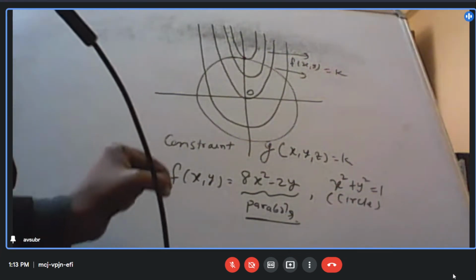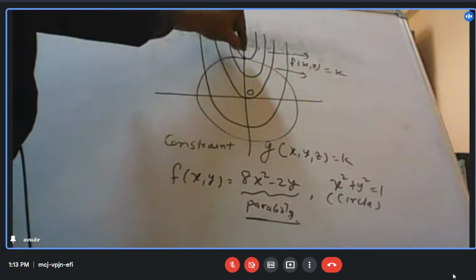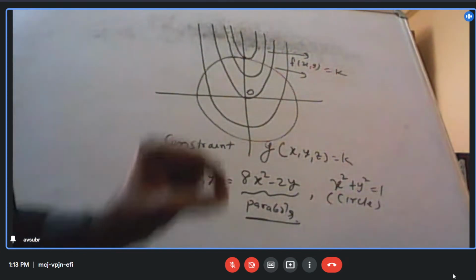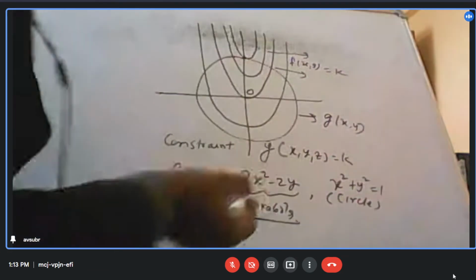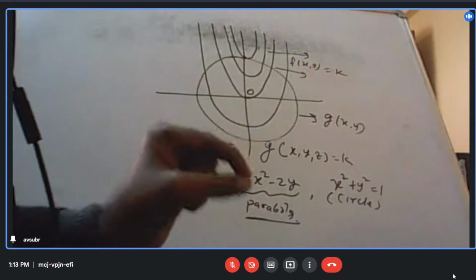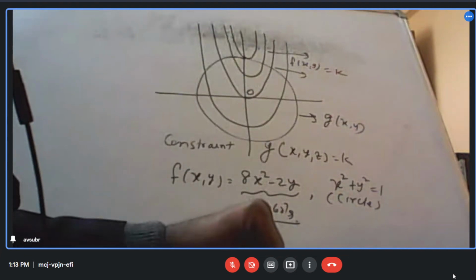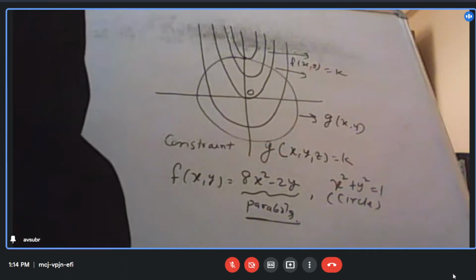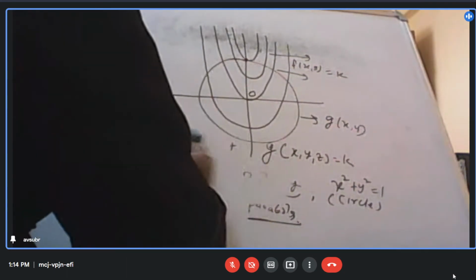Now, what Lagrange says is that at this particular point where this function touches this g, this constant, this circle is a constant, wherever it touches, that will be either maximum or minimum.